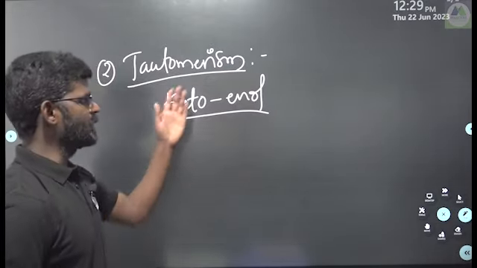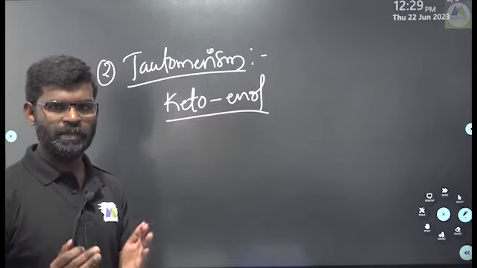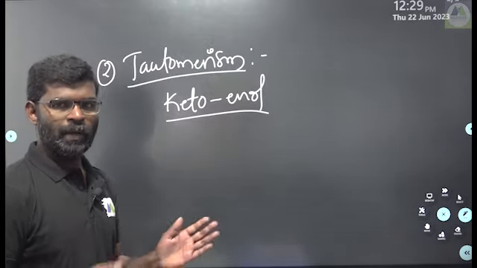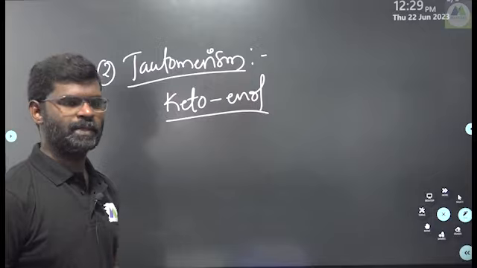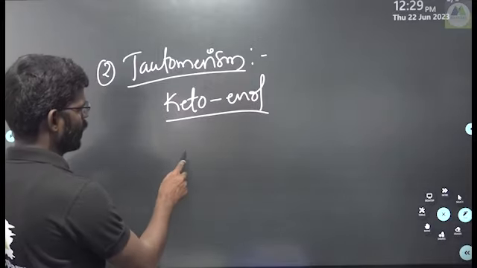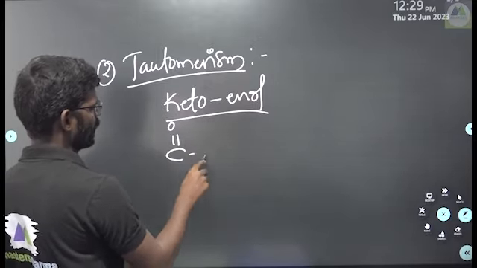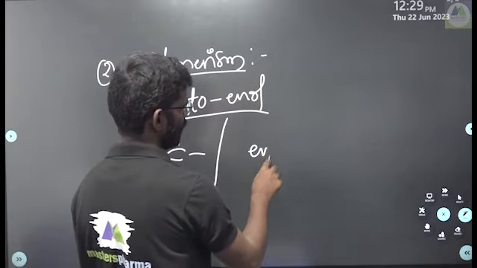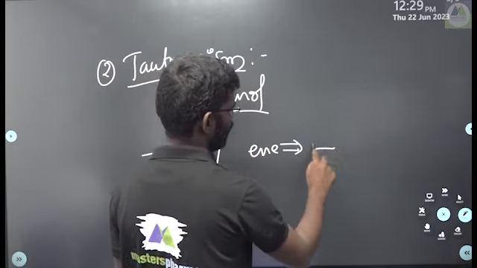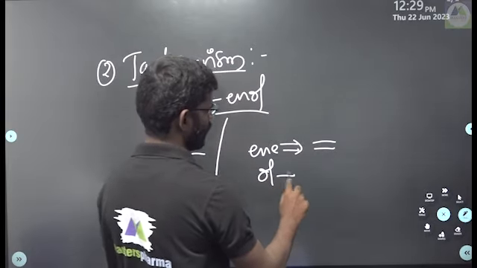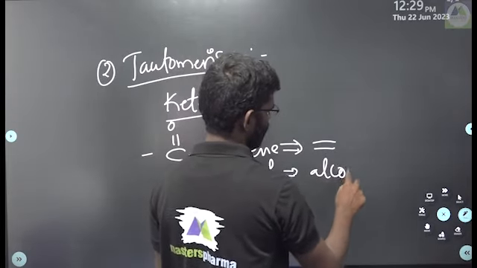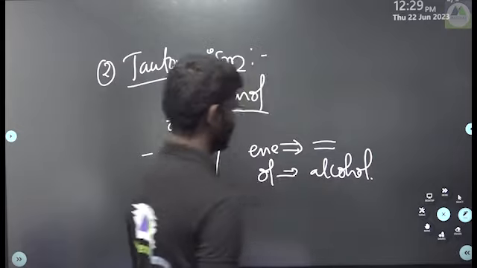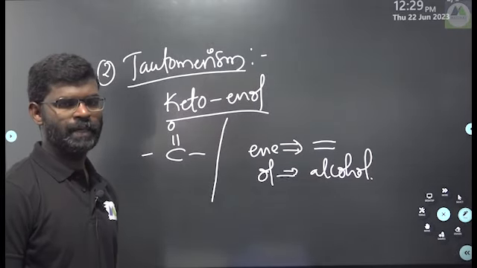This is one type of isomerism: molecules having the same molecular formula, but one structure converts to another, keto to enol. The keto structure has a C double bond O. Enol means: en means double bond, and ol means alcohol.